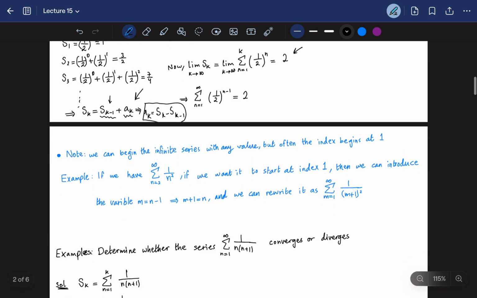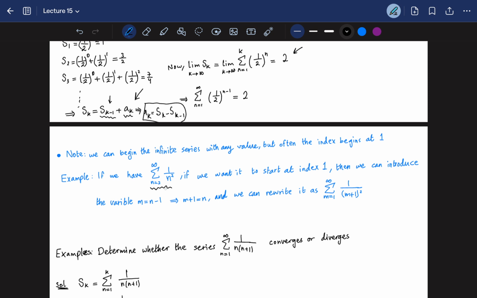So for example, if I have this series that's starting at n equals 2, and I want my series to start at 1, because once we learn techniques of finding whether my series is convergent or divergent, usually all of these techniques must have n equals 1 as my starting point. So let's see.